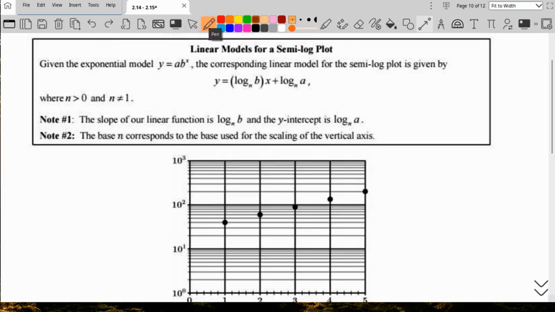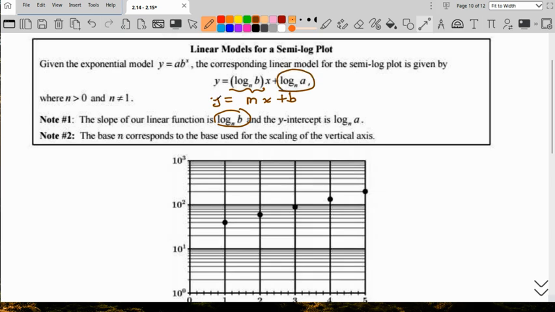And two important things to know. Here, the coefficient on the x, that's our slope. Remember, that's our slope for a line. The slope of our line is always log base n of b. And if we're thinking form y equals mx plus b, and we know b is the y-intercept, so the y-intercept is always log base n of a.